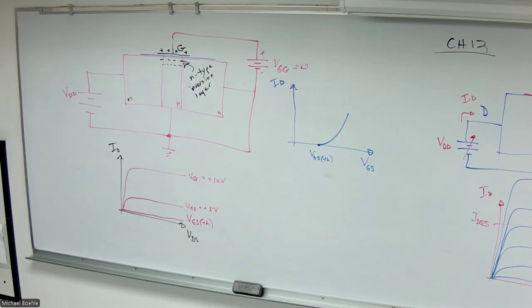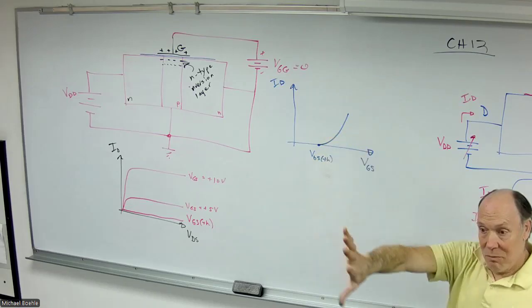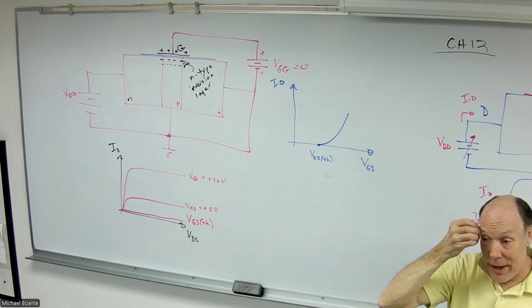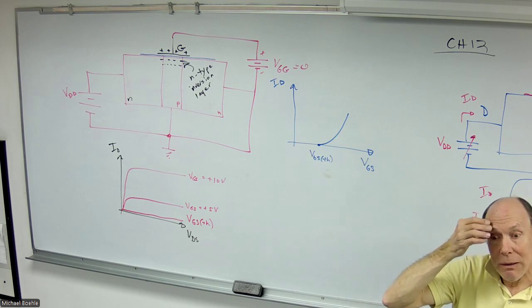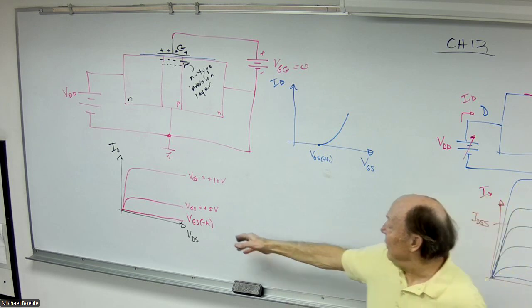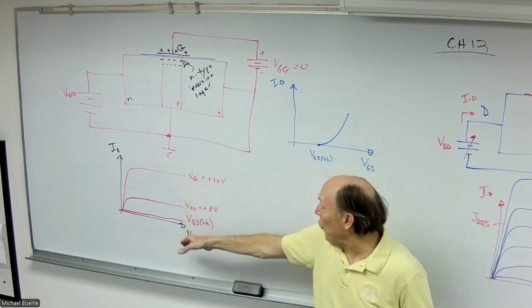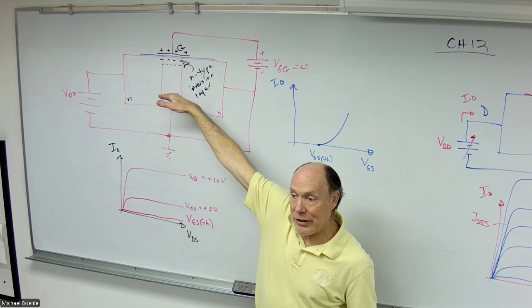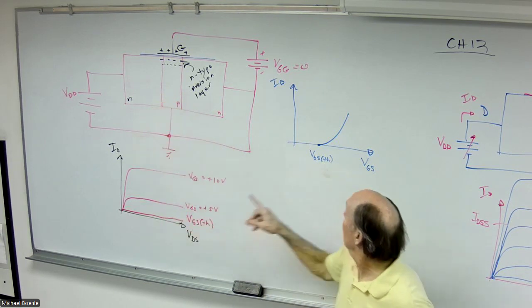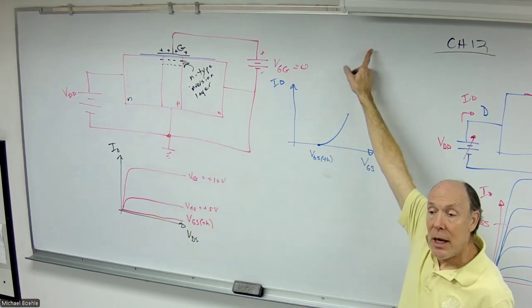Now, similar to what Larry asked about earlier, could that be taken too far? If I just keep increasing the gate source voltage, that threshold current gets higher and higher. This curve just keeps going up.